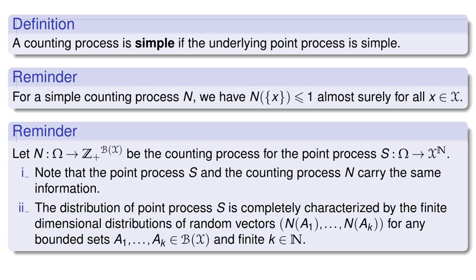Second, the distribution of the point process S is completely characterized by the finite dimensional distributions of random vectors of the form N(A1), N(A2), ..., N(AK) for any choice of bounded sets A1 through AK in ℬ(𝒳) and any finite k in the natural numbers.